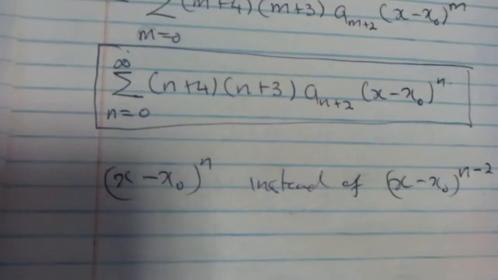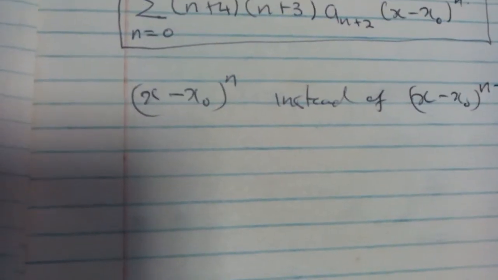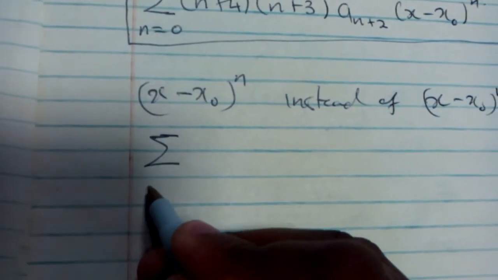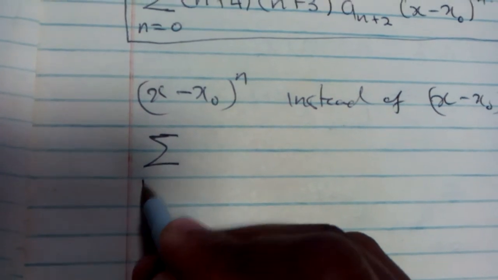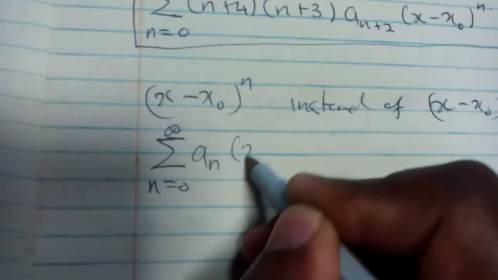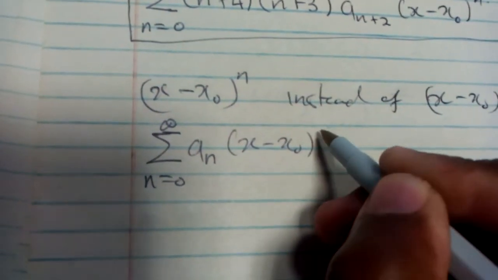This is one reason why you may want to shift, or you may want to start summing from the same index. That is, you would want to sum everything, say from n equal to 0 up to infinity of your a_n x minus x naught to the power n.